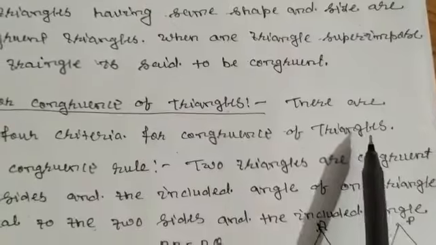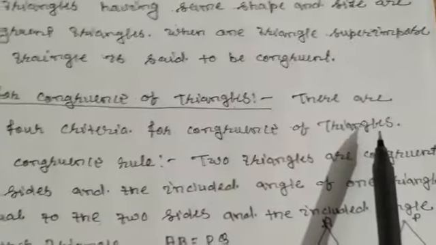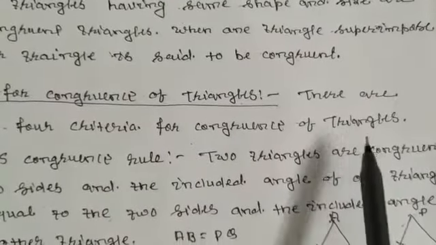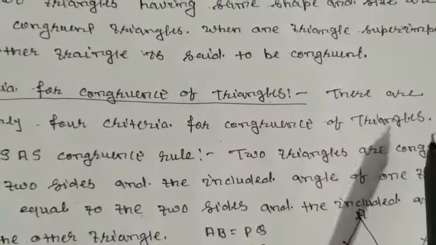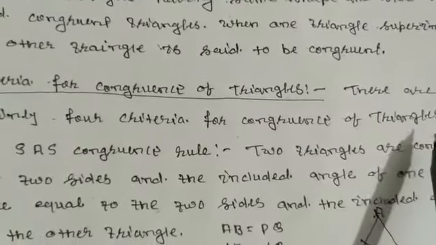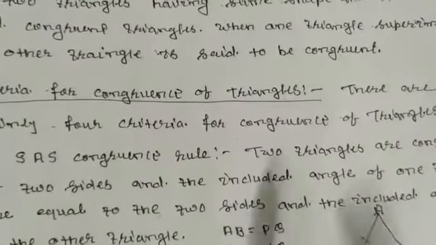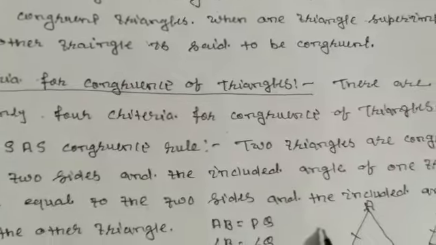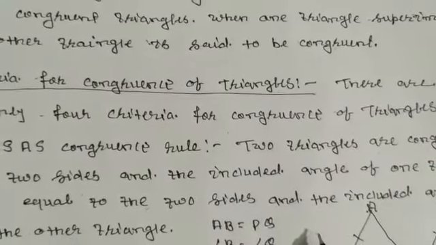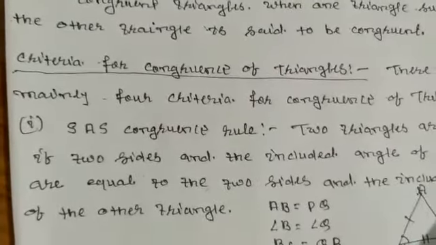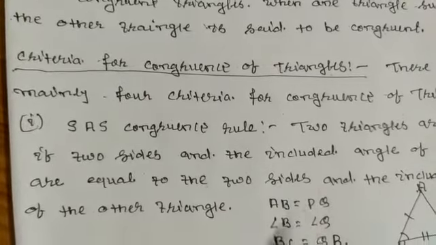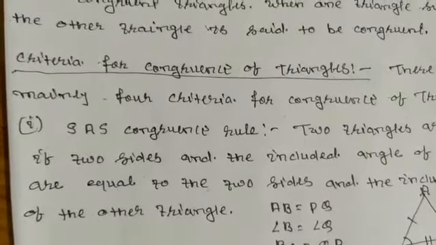Altogether we read 5 criteria also, but I will tell you later that the fifth criterion is actually a corollary of one of these 4 criteria. So overall we have mainly 4 criteria for the congruence of triangles.